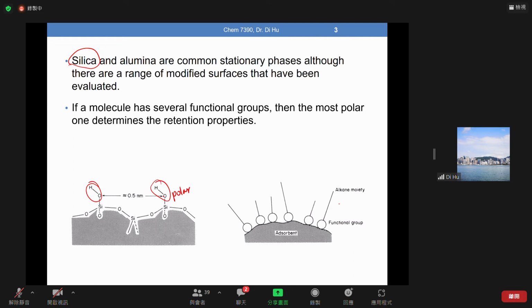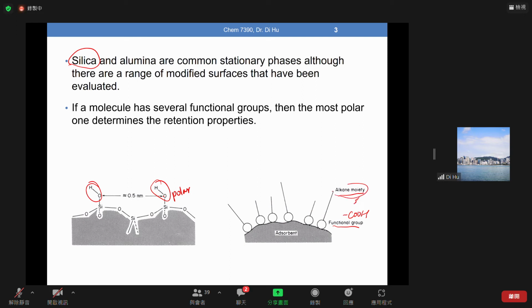For example, a carboxylic acid has an alkane moiety, the alkane tail, and also the COOH group, whether it's a carbon 4 or carbon 7 carboxylic acid, so it has the carbon chain.